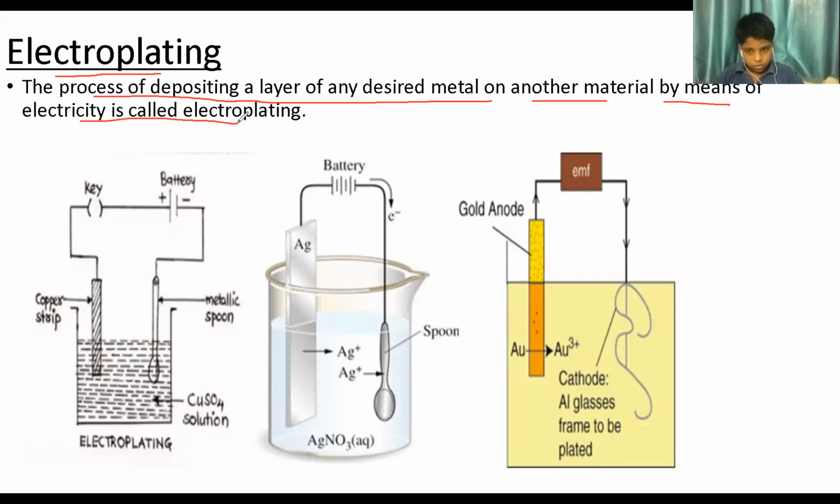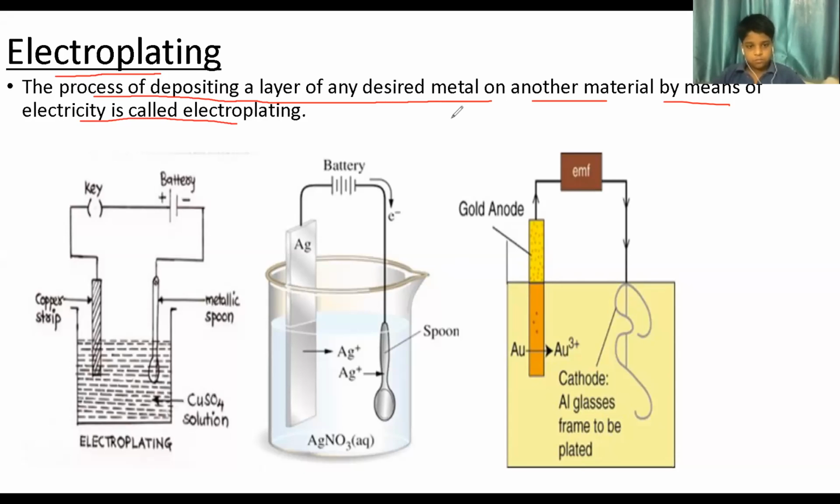Okay, I'm giving an example. You all, especially girls, might have seen the jewelries which are having a shining surface like gold, but actually they are not made up of gold. Have you all seen this?